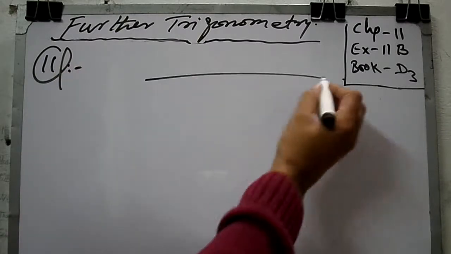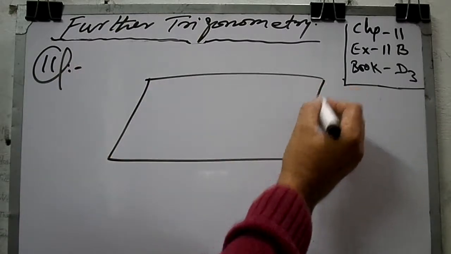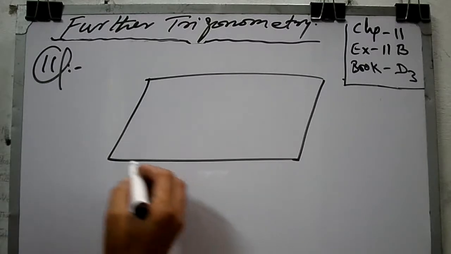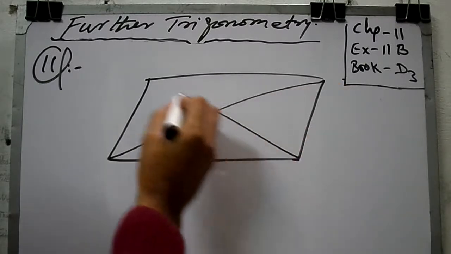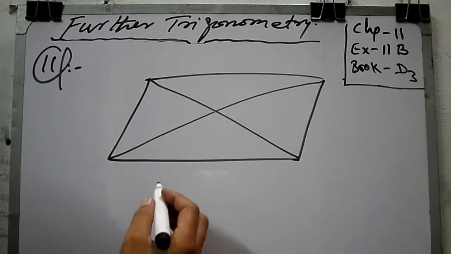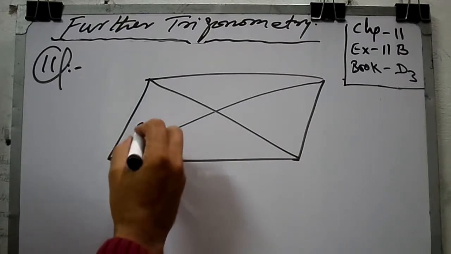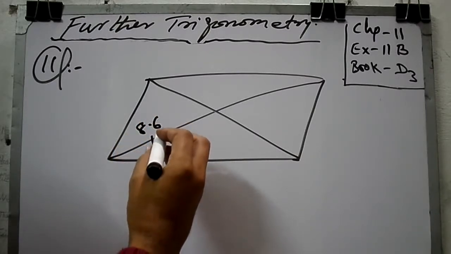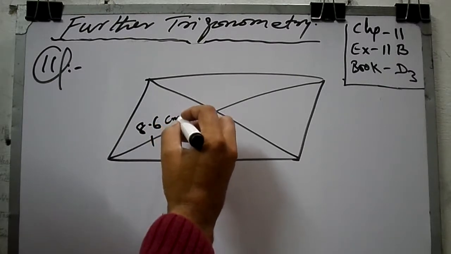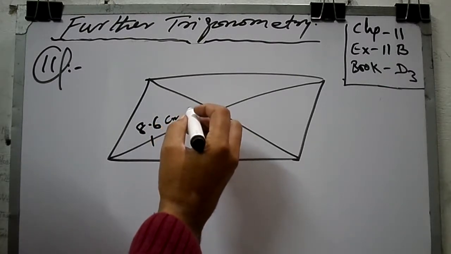That is diagonals. So these are the diagonals. These are 8.6 centimeter, and that angle is 60.